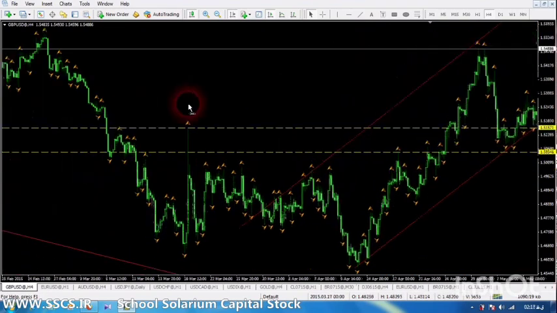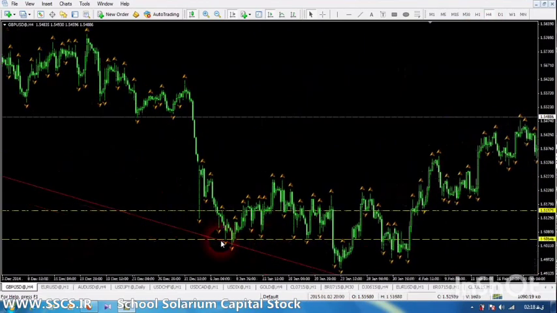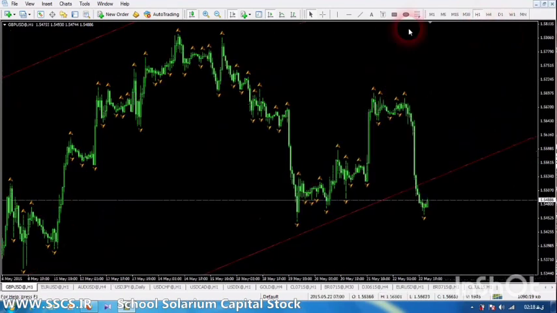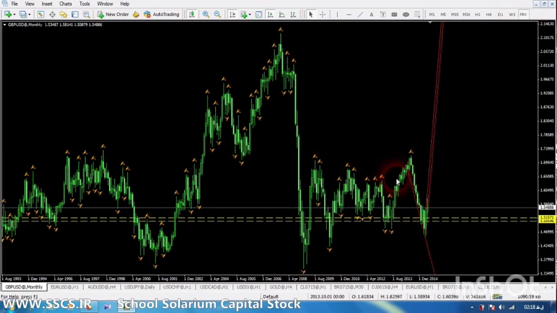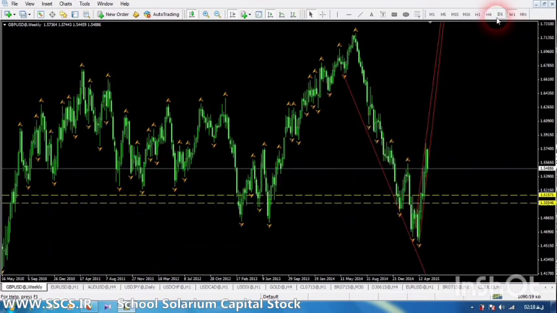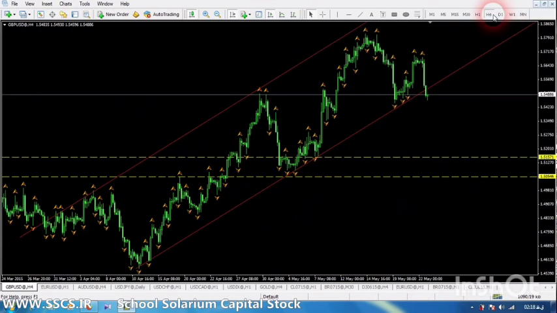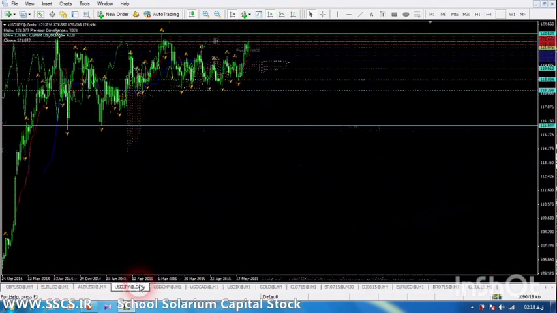I'm going to repeat Fibonacci for the last time. Let me move on to a better chart so that it's not very complex for you.